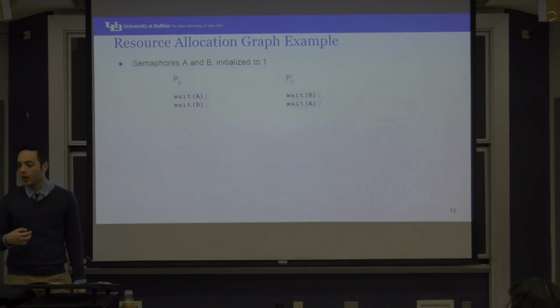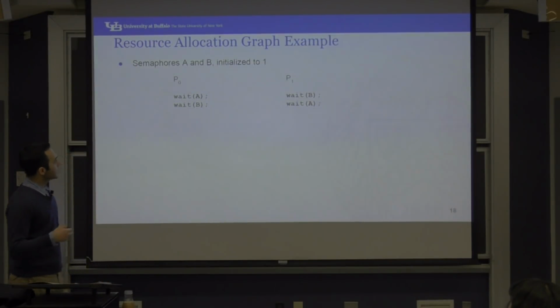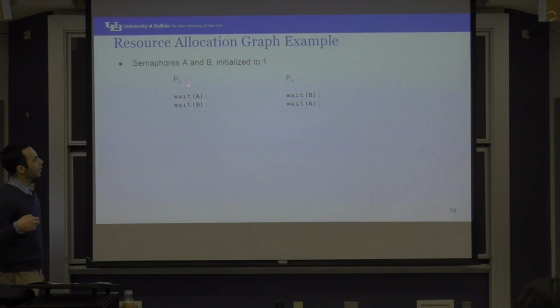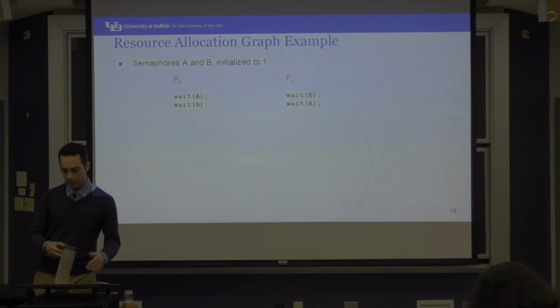So let's see. This is an example of let's see if we can think about or draw a resource allocation graph for this situation. When we have semaphore A and B, classic example of a deadlock, right?